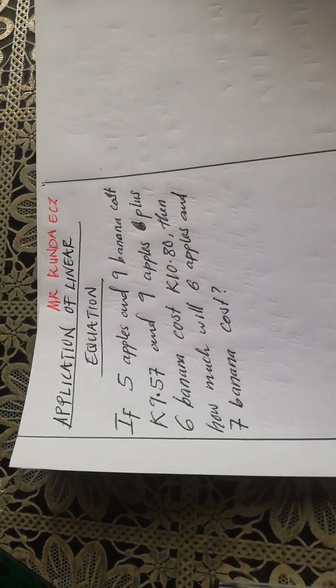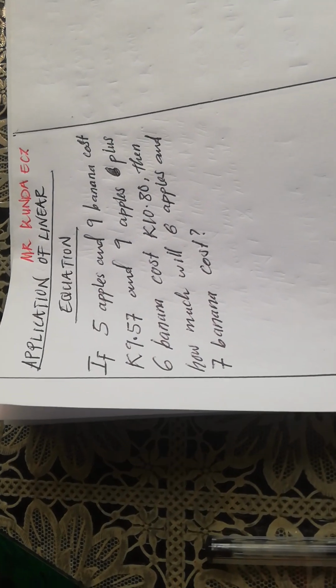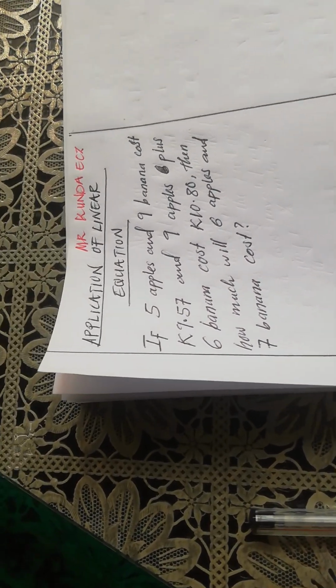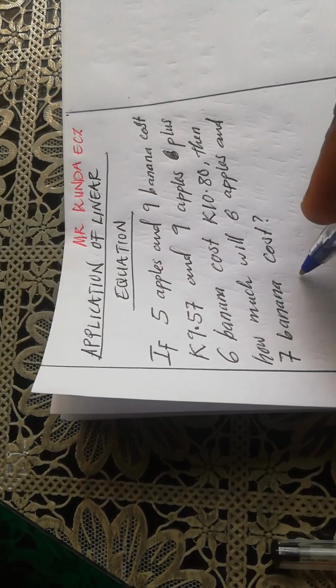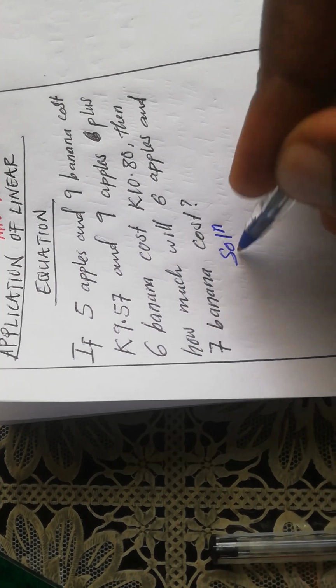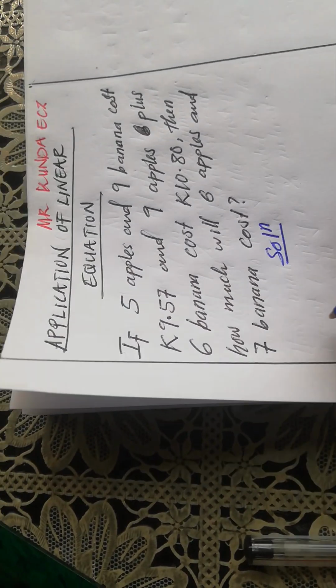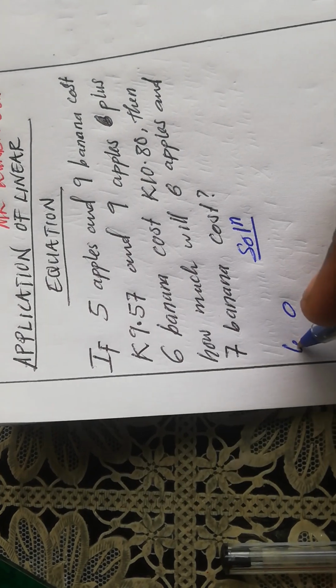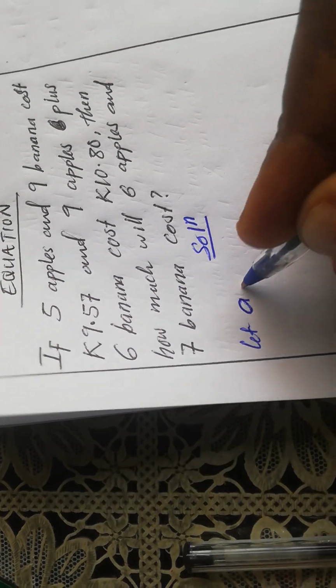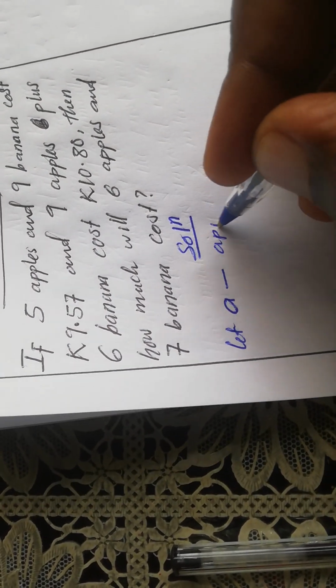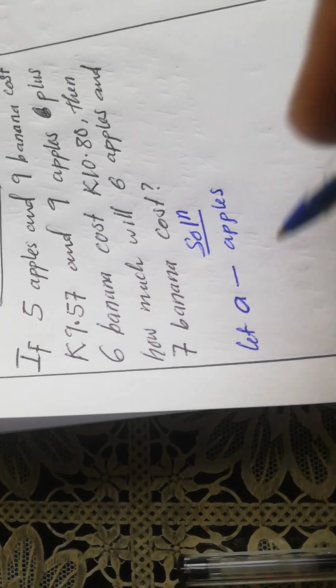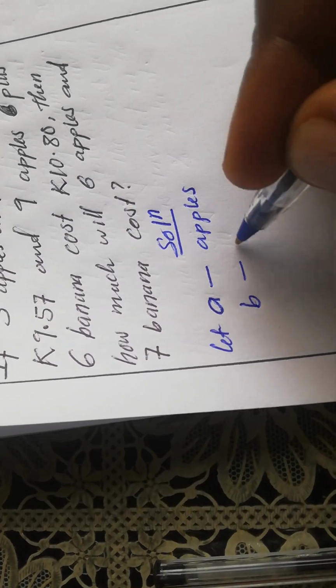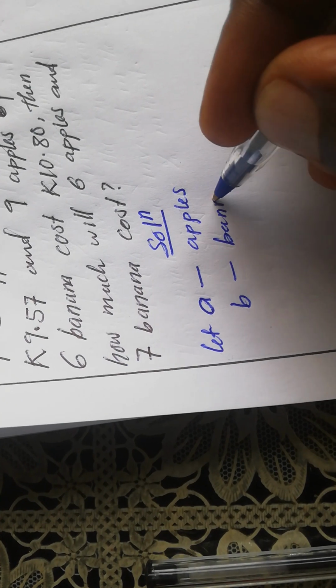So if we are solving this mathematical problem, the first thing we are going to do is form systems of equations. How do we form systems of equations? This is how I write my solution. Let A represent apples and B represent bananas.